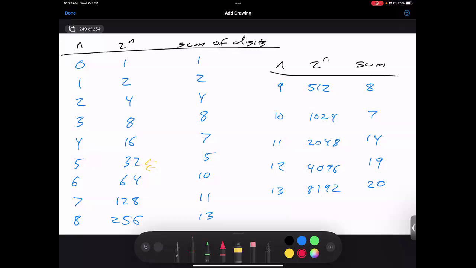So it's not showing a nice formula. It says it's believed that the digit sum of 2 to the n is asymptotic to n times 9 times the log base 10 of 2 divided by 2, but this is an open problem. All right, so it looks like this might just really be a brute force problem.